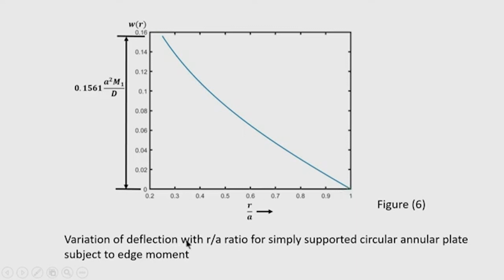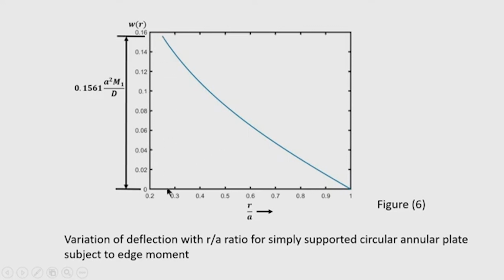This variation of deflection with r by a ratio for a simply supported circular annular plate subjected to edge moment is shown only for this edge moment m 1. You can see here that at the simply supported edge the deflection is 0, obviously as expected. The curve does not go to the center, because at the center there is no material.